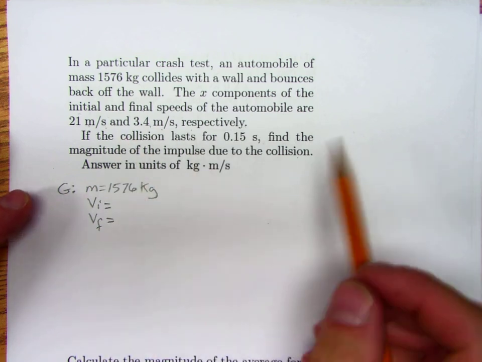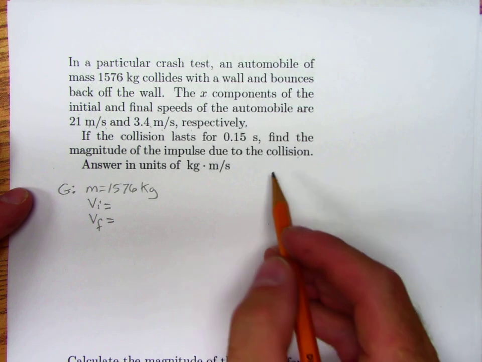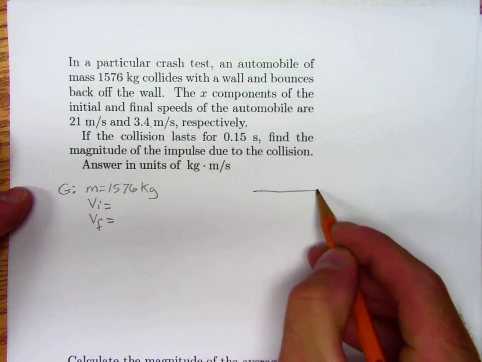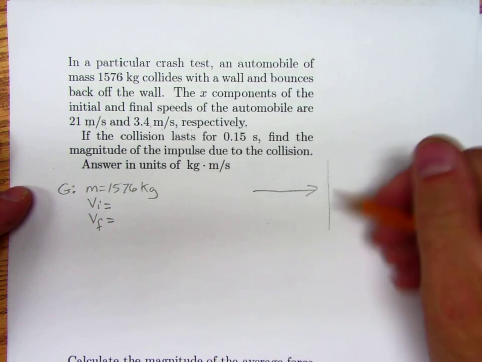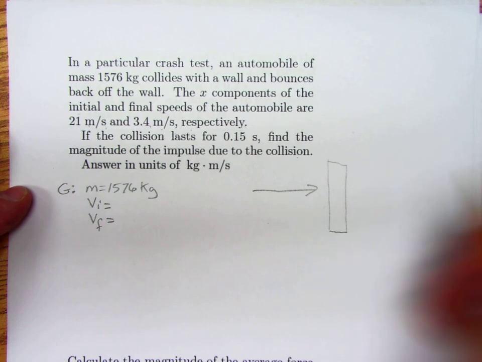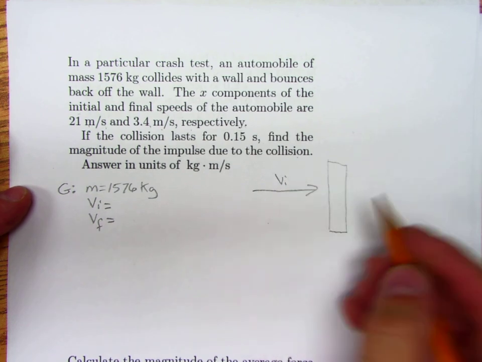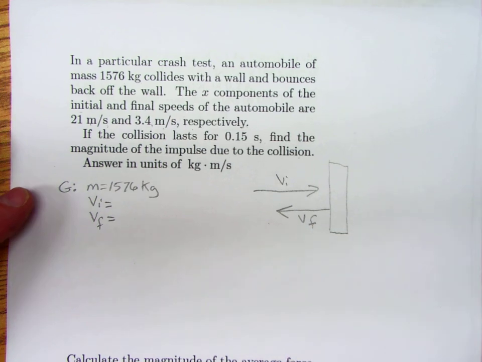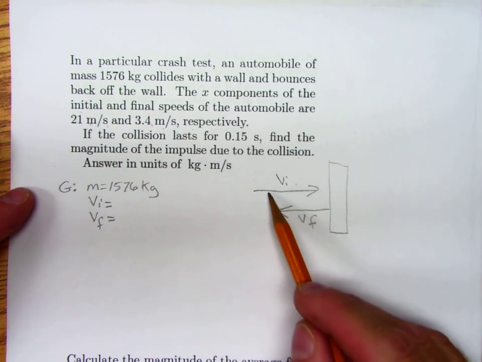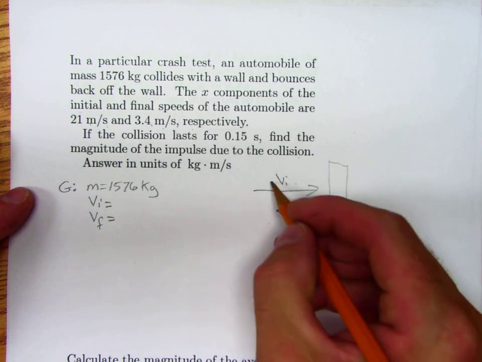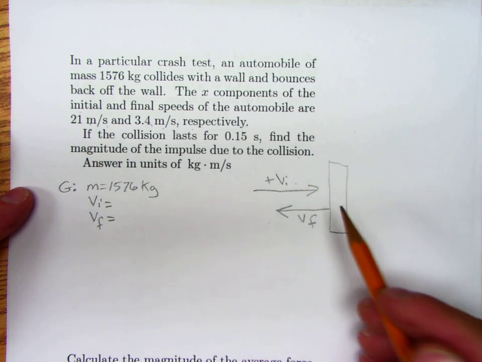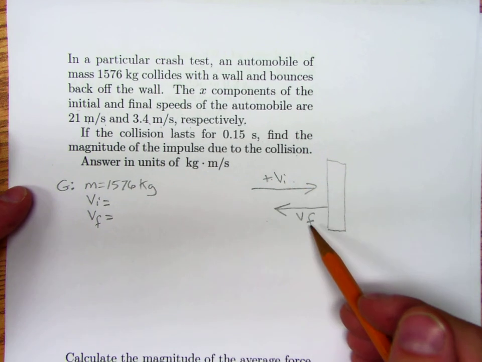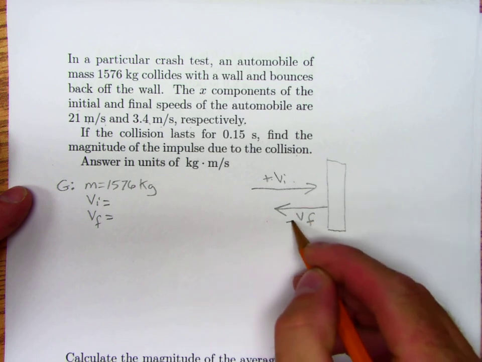Now, if we say that the initial speed was in this direction, and that this thing hits a wall, and once it hits the wall, it bounces back, then this is V final. So if this is V initial, it's traveling to the right, and so we're going to call that a positive velocity, and that means if this is positive, then this direction is negative.